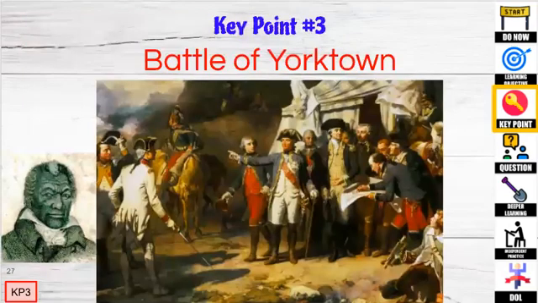So James Armistead, there he is again, is part of the reason the colonists won this battle because he gathered some secret information while spying on the British that he gave to the colonists, which allowed the colonists to win that battle.